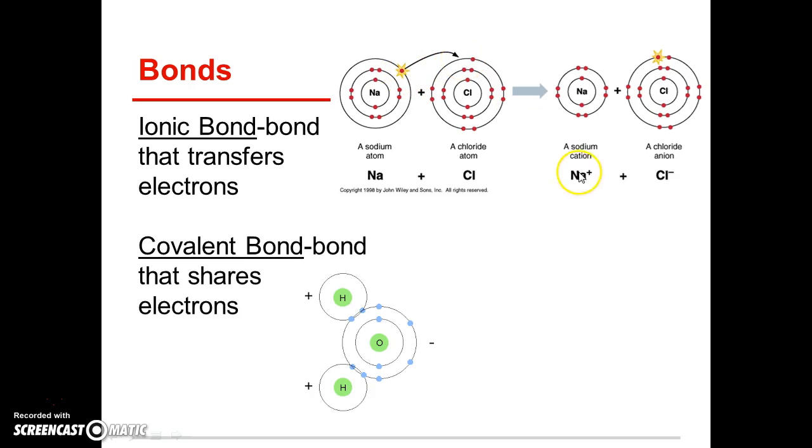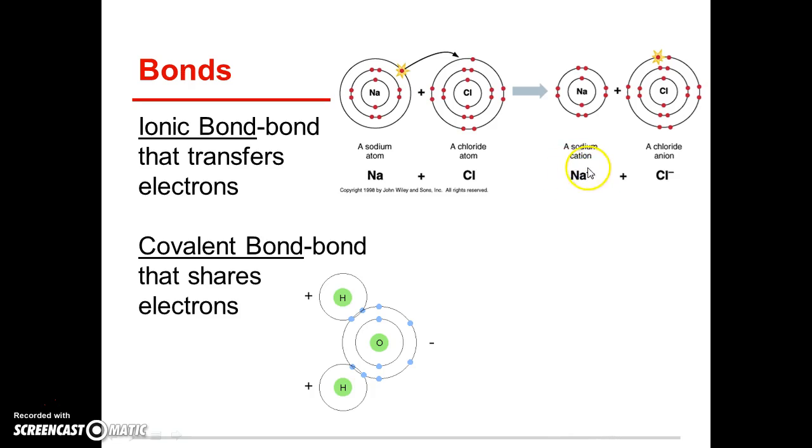Well, now they have a charge. This is what happens. When the sodium loses the electron, it now has more protons in its nucleus that's not shown right there. So now it has one more proton than it has electrons, and so therefore it's a positive 1 charge, and we write the symbol like that if you remember from chemistry. So now it's charged.